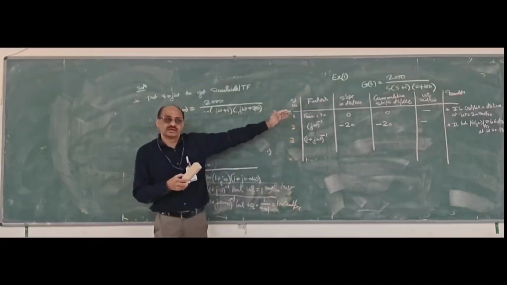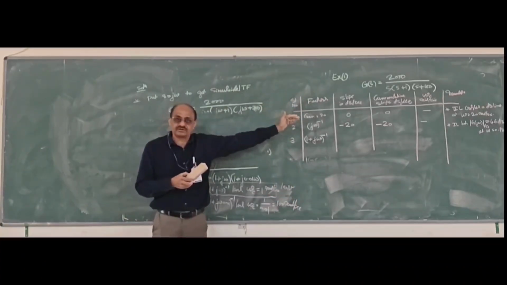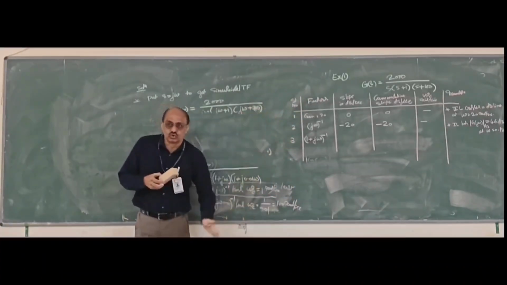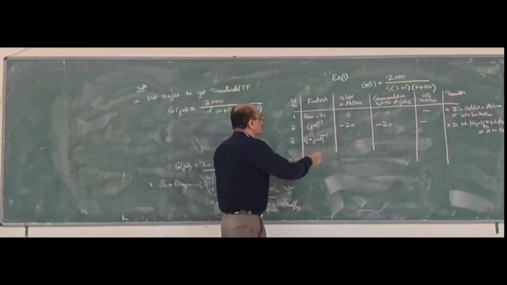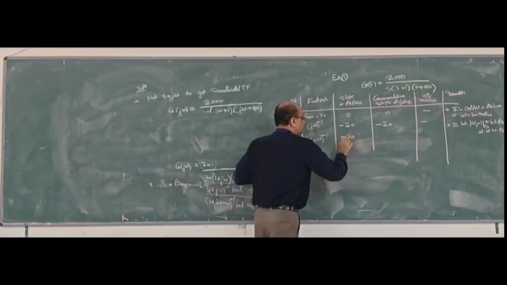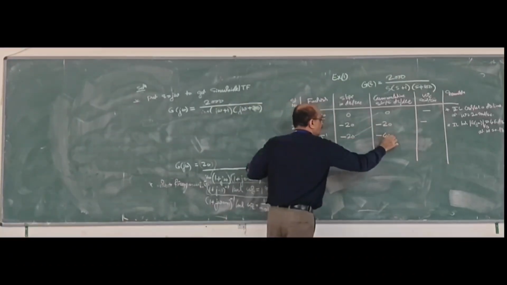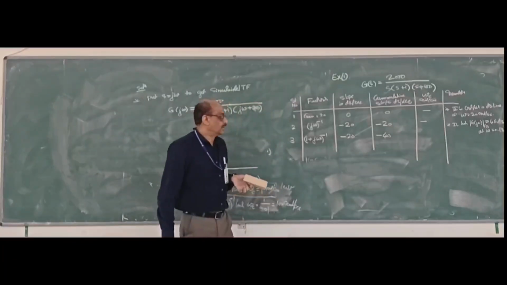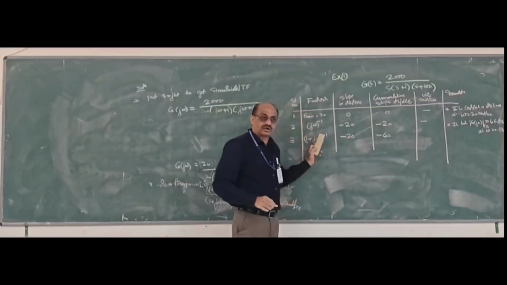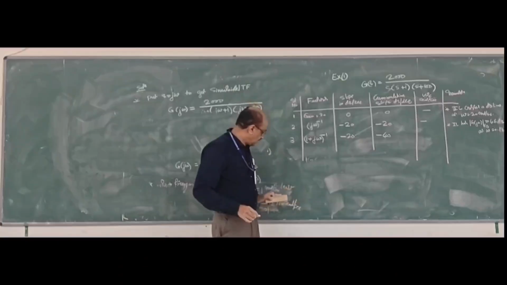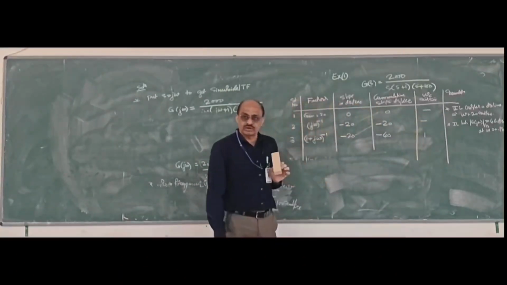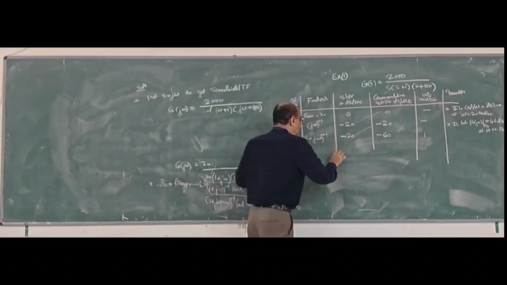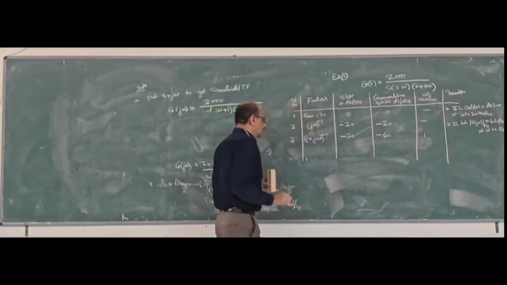Least frequency must come first, then the next, and so on. Because of minus 1, it is minus 20 dB per decade. Add these two, I get minus 40 cumulative. The corner frequency is the reciprocal of this, 1 radian per second. Write 1 there.